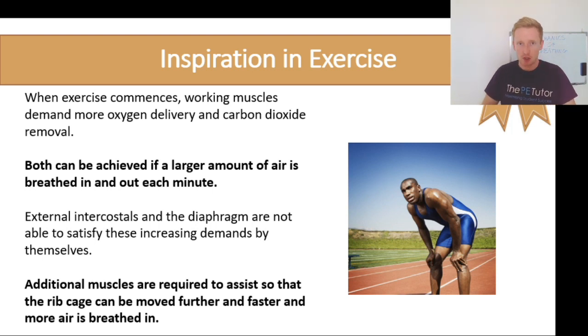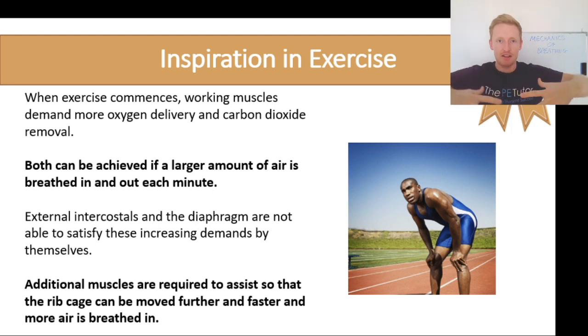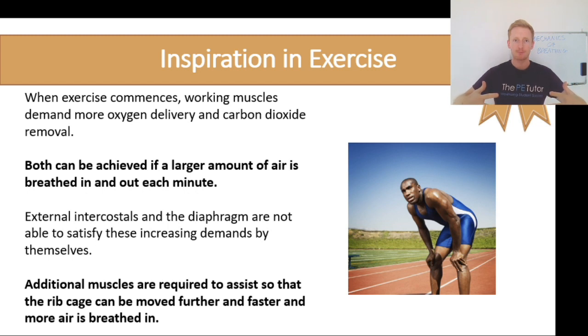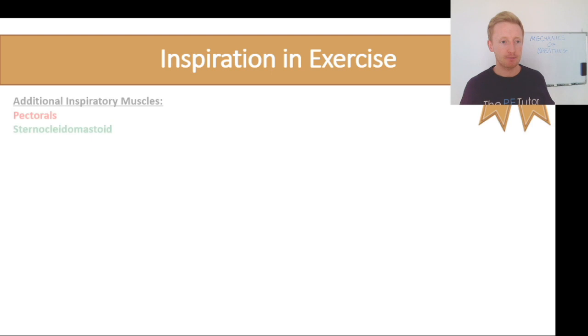By adding new contractions into this movement, we can add more force to it. They can move more efficiently because they're working together to move our rib cage further upwards and outwards, faster. And if we can do that, thoracic cavity space increases to a greater degree, more regularly. So we get more air inside of us.